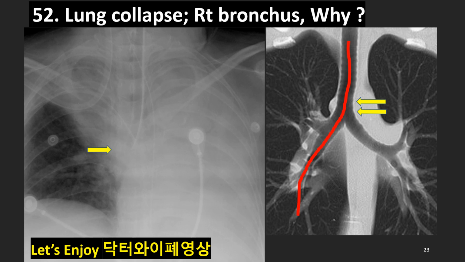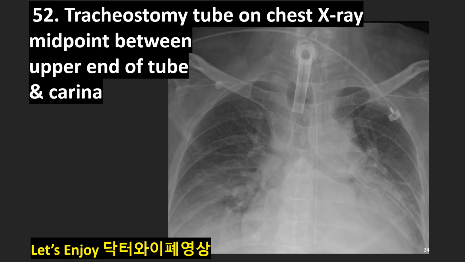That's why the tracheal tubes usually head to the right bronchus. Tracheostomy tube tip should be at the midpoint between the upper end of the tube and the carina. This chest X-ray shows a good example of the tube tip position.